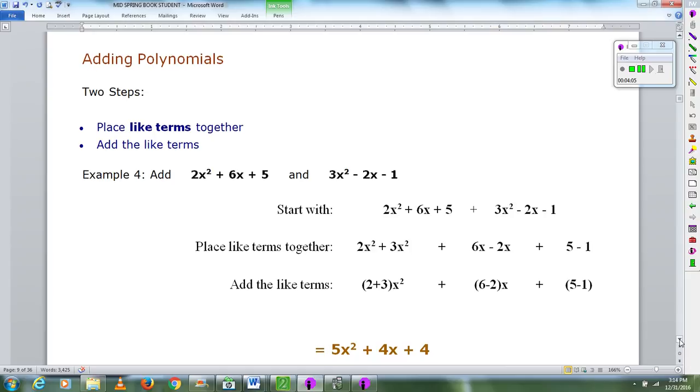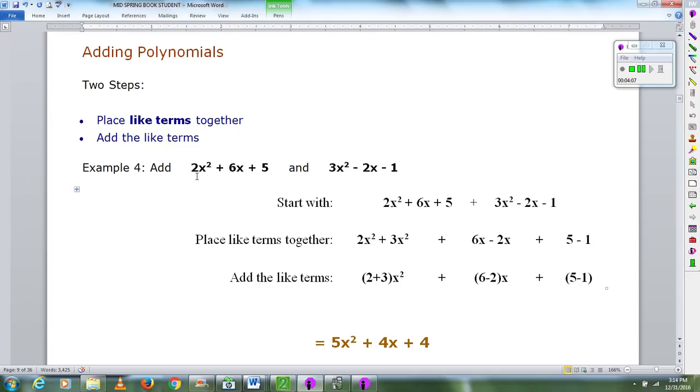Let's look at this example. Here we want to add these 2 trinomials. The first trinomial has 3 terms: 2x squared, 6x, and 5. The second trinomial again has 3 terms: 3x squared, negative 2x, and negative 1.